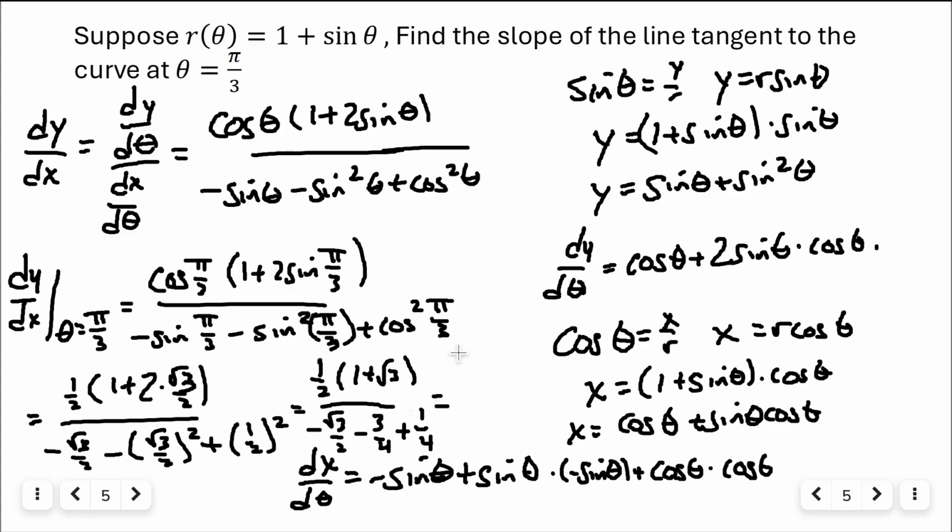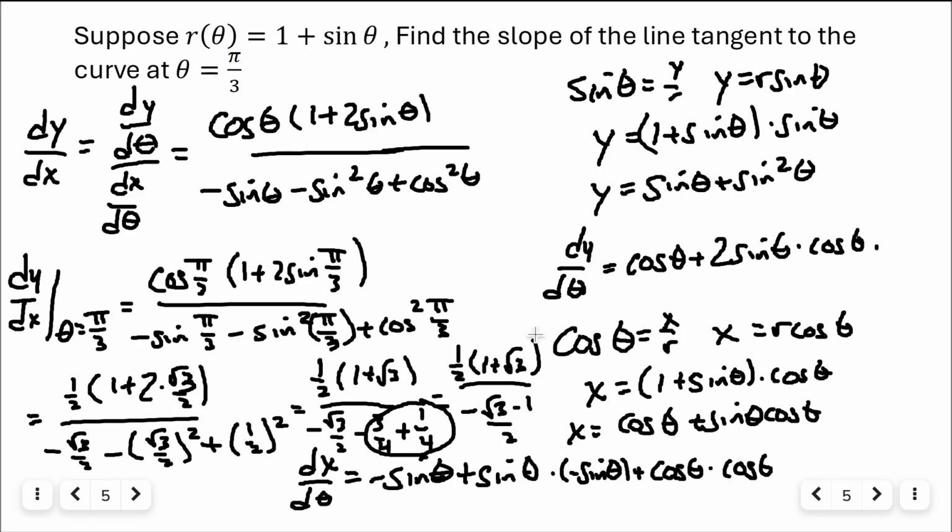Right? So that's 1/2 times 1 plus root 3 over, let's see, that's negative 1/2, right? So that's negative root 3 minus 1 over 2, right? So these two join forces to make negative 1/2, and then I already have a common denominator.